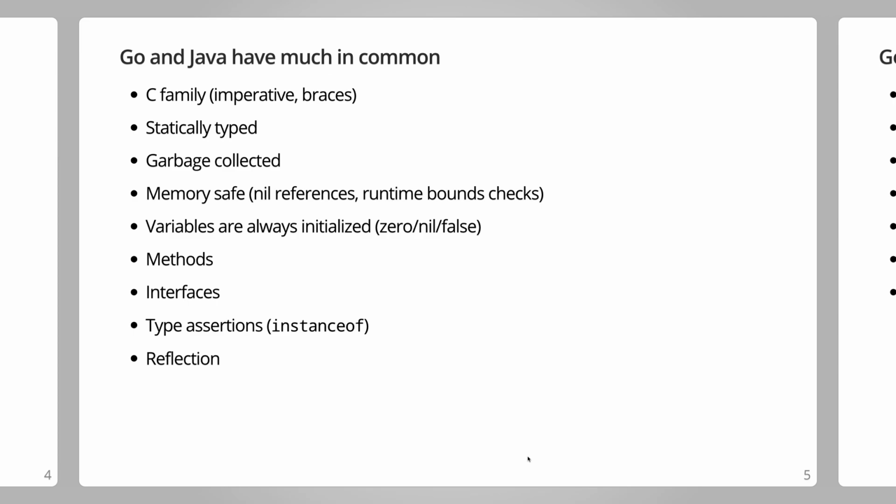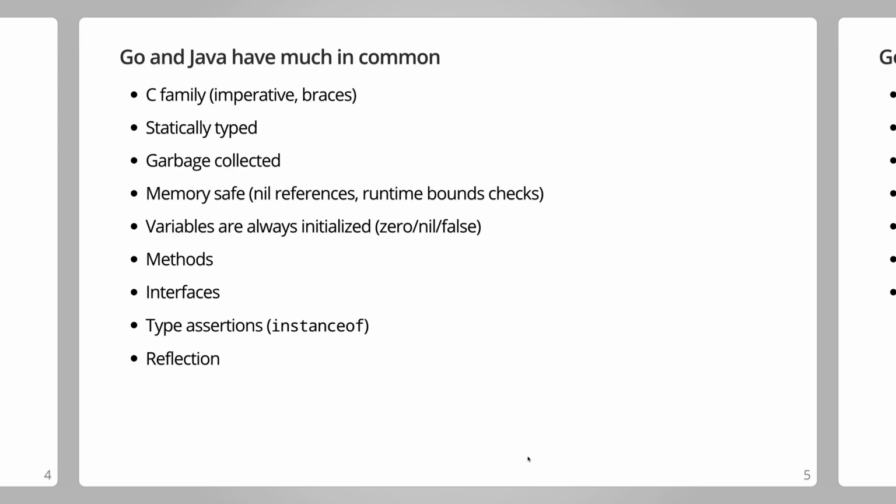It's what we call memory safe, in the sense that it has bounds checks when you're accessing an array and these types of things. It's got nil references, so you can say that something has not been initialized yet, for instance. It's got variables, and they're always initialized to their 0 value, which is sometimes a nil value.